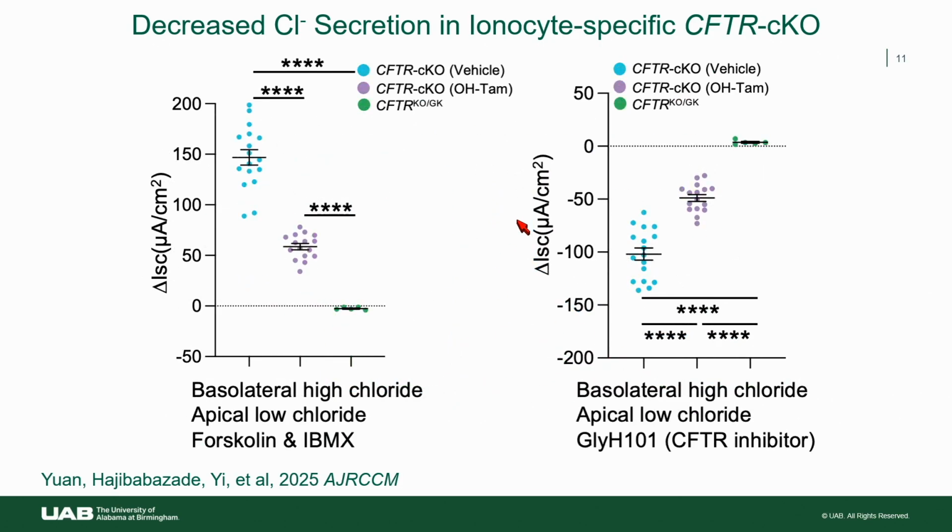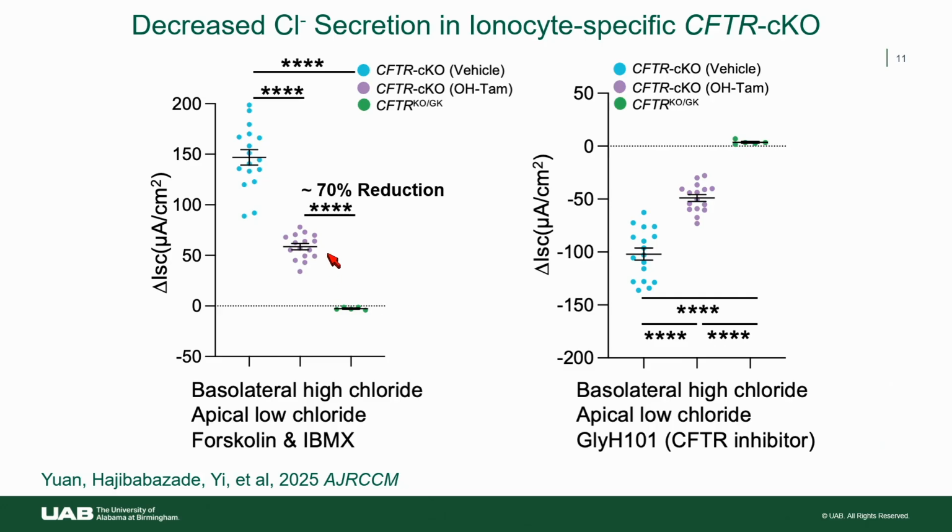Then by quantification, we found that the ionocyte-specific CFTR deletion showed a significantly reduced forskolin and IBMX inducible chloride secretion and GlyH-101 inhibitable chloride secretion. And the reduction is about 70% in the conditional knockout group.